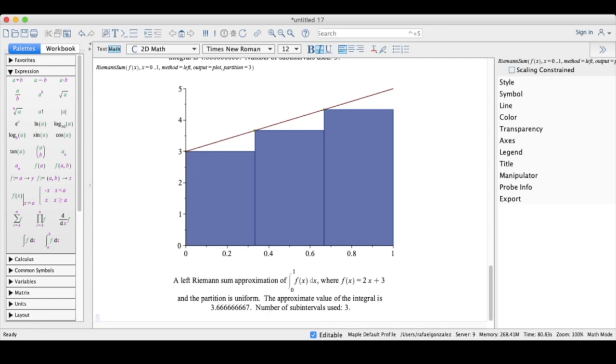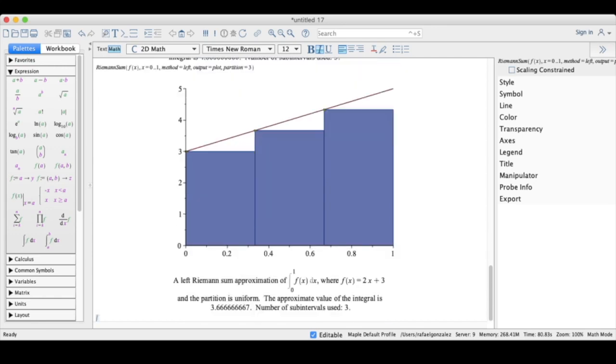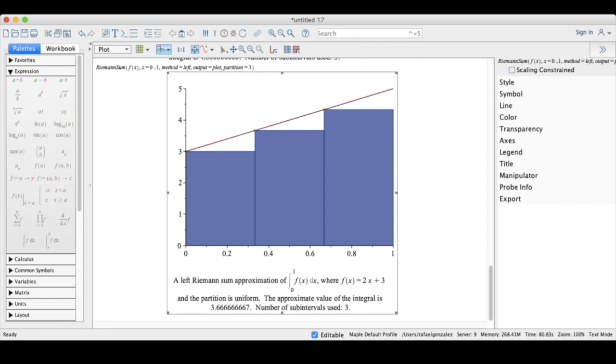Notice now that using the left endpoint of the rectangle, our area estimation actually became lower. That makes sense because notice all of these empty spaces between the rectangles and the line.